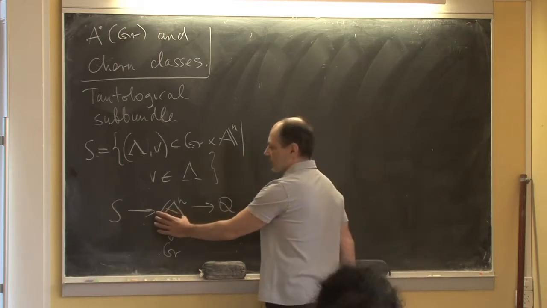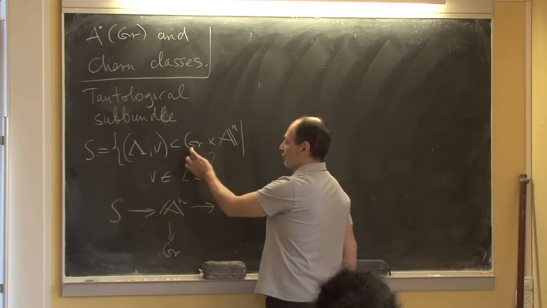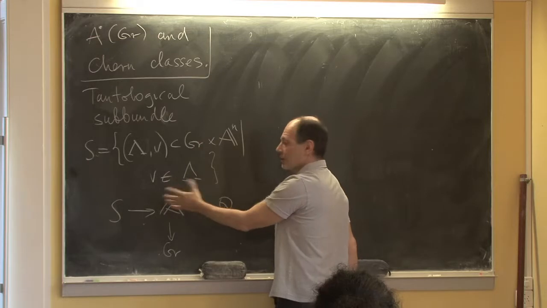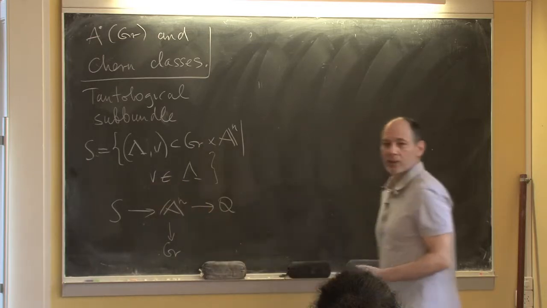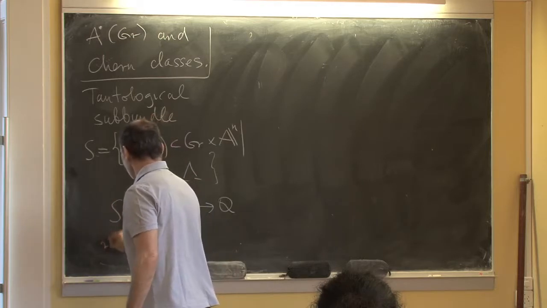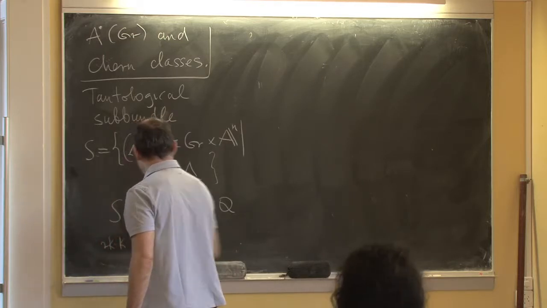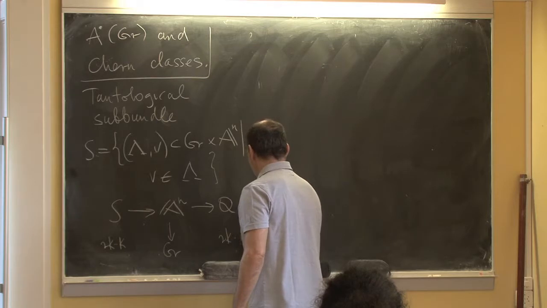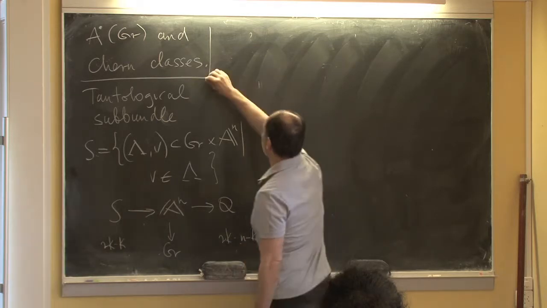This A^N is a somewhat loose notation because, in fact, this product should be the bundle, and not this, but we think of it this way. So I hope this is clear. So this is now rank K, and this is rank N minus K. Okay?